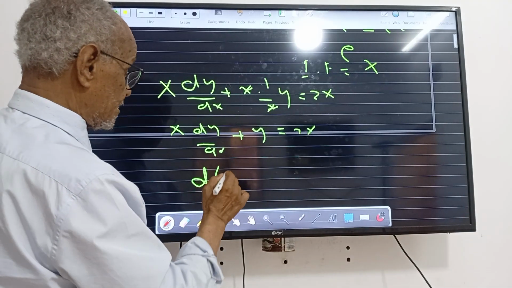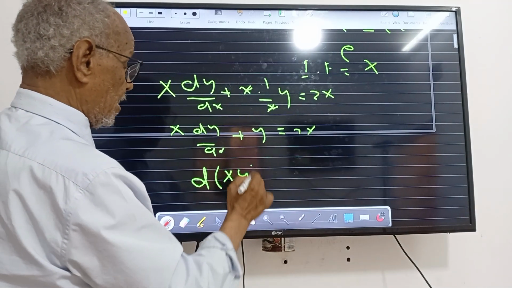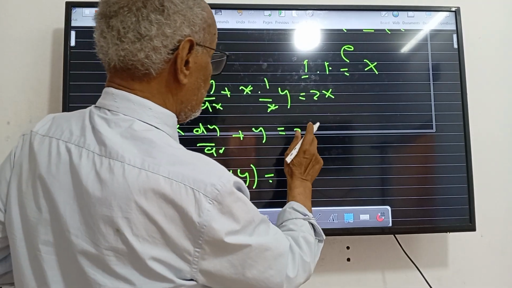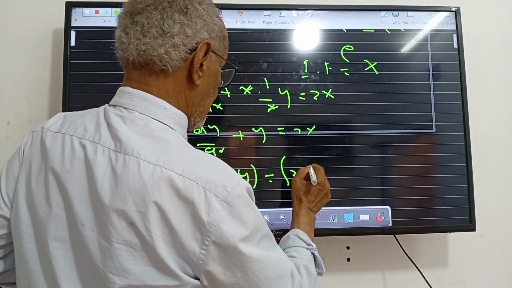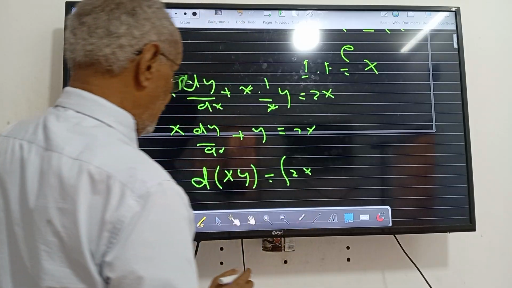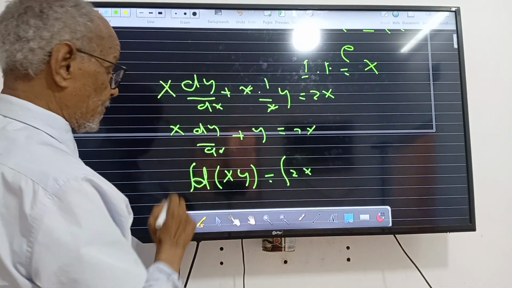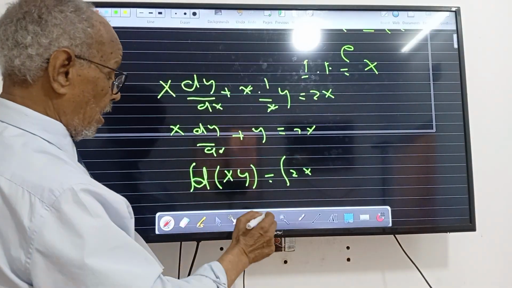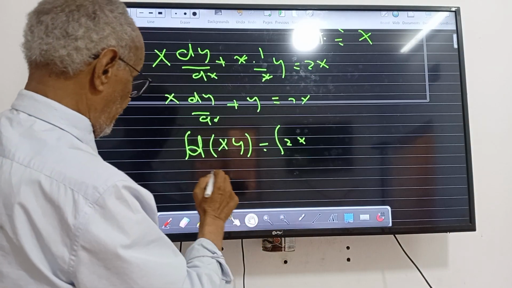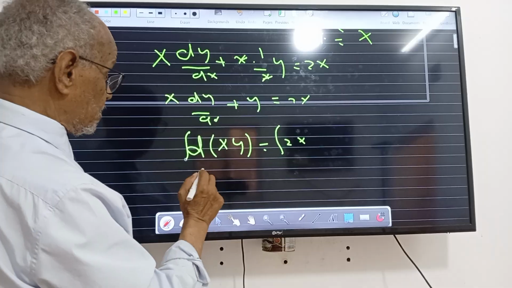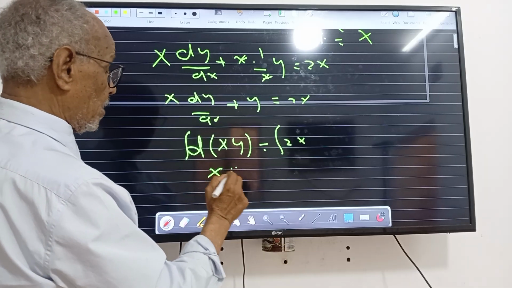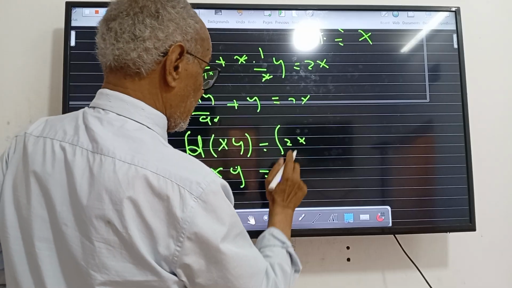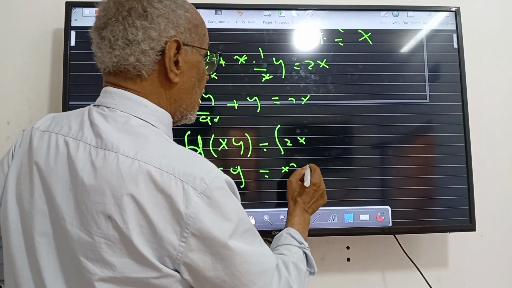The first function is x and the second function is y. So d of xy equals the integration of 2x. The integration of this equals xy, and the integration of 2x equals x squared plus c.